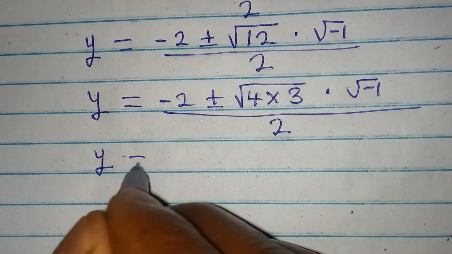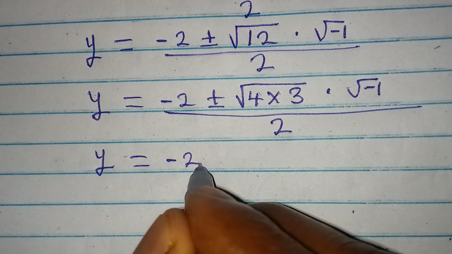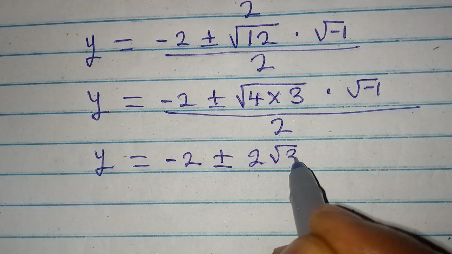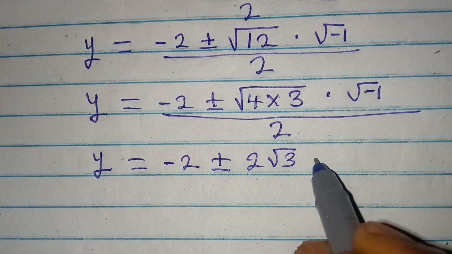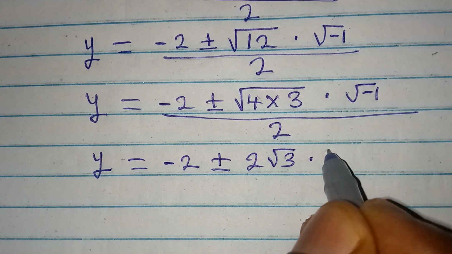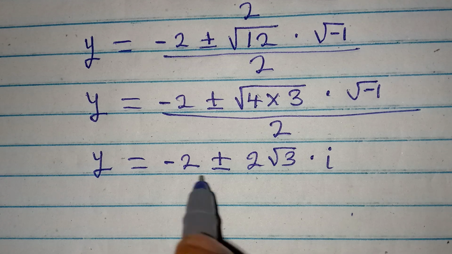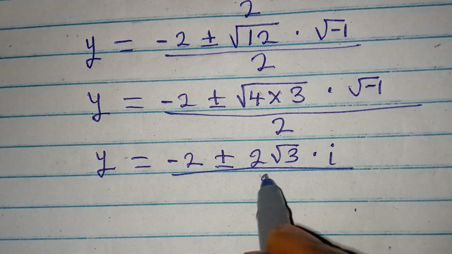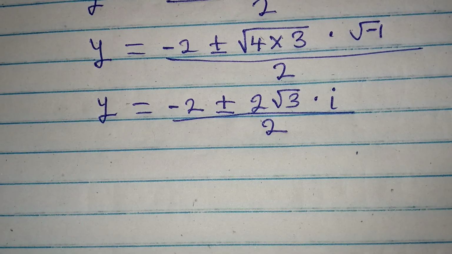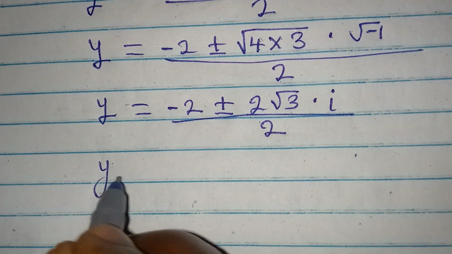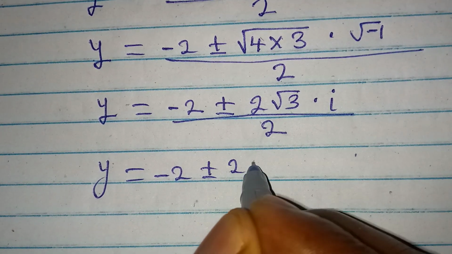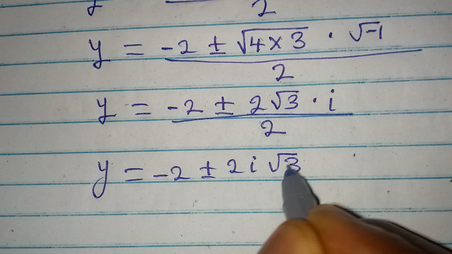Now y here is equal to minus 2 plus or minus square root of 4 is 2, then root 3 will appear, then square root of negative 1 is imaginary, so we have i over there, and then here we have 2. Now to proceed from here, this is the same thing as y equal to minus 2 plus or minus, we have 2i root 3.